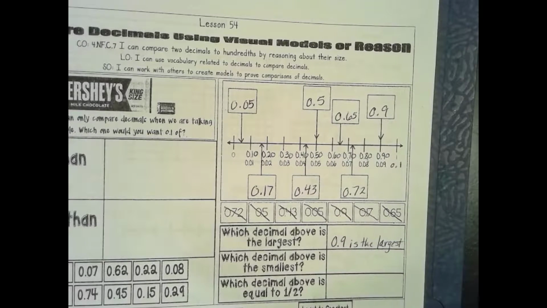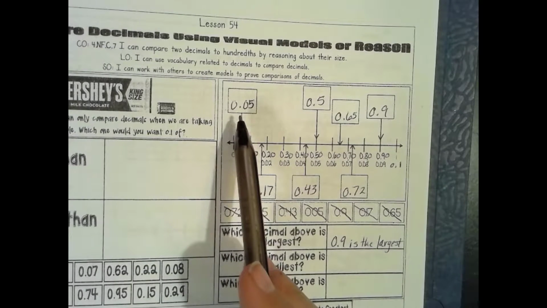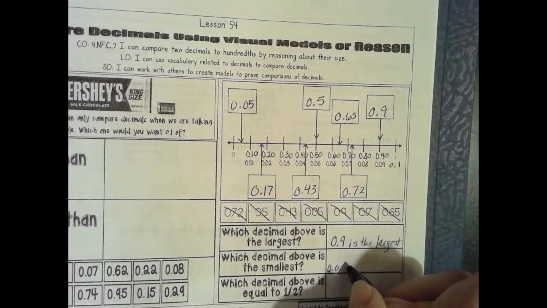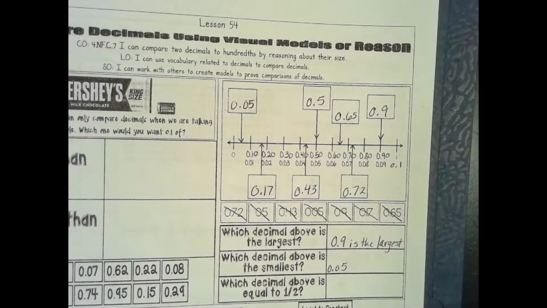That would be the largest amount. Which of these is the smallest? Well, the one furthest to the left is our smallest, or our least. And that would be 5 hundredths, or 5 cents, is the smallest.